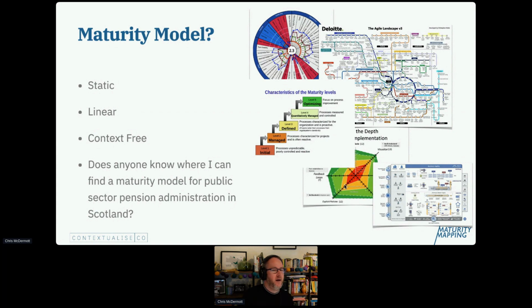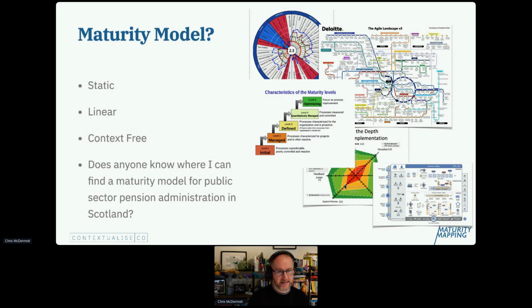I would argue, however, that maturity models are static. They don't evolve as contexts evolve. They are potentially, in some cases, linear. The one you see right in the middle there has a series of linear steps you have to go through to become mature. They are unarguably context-free.